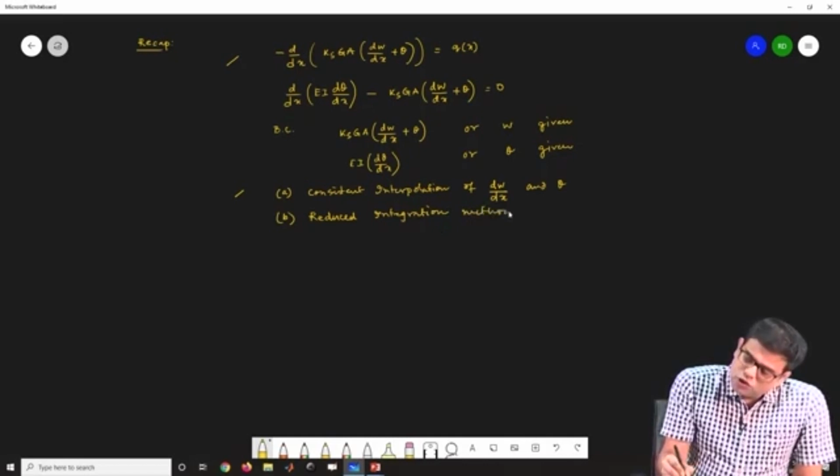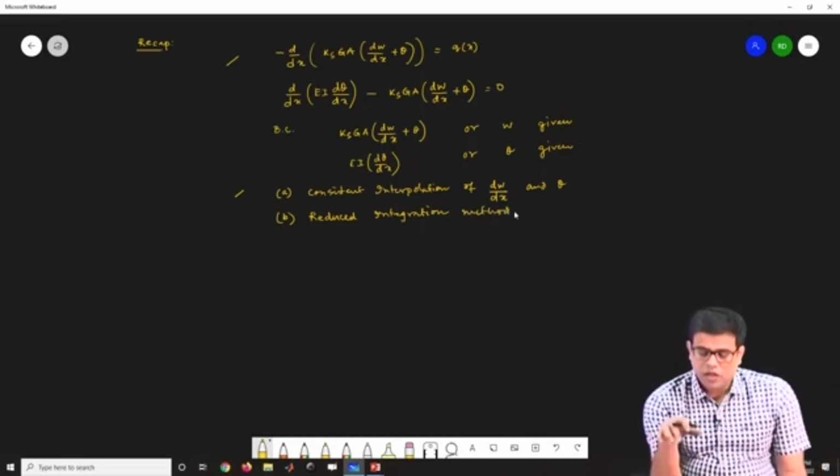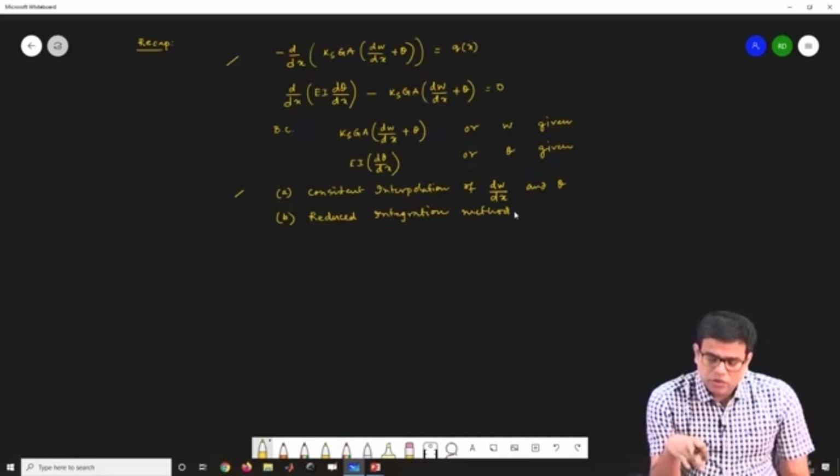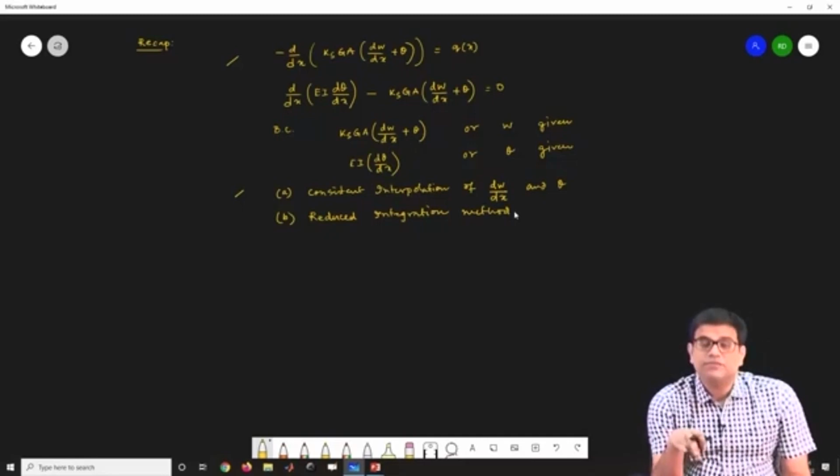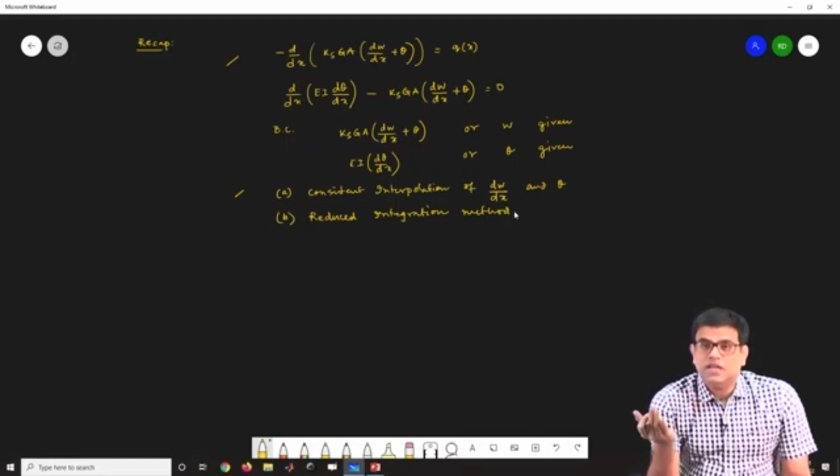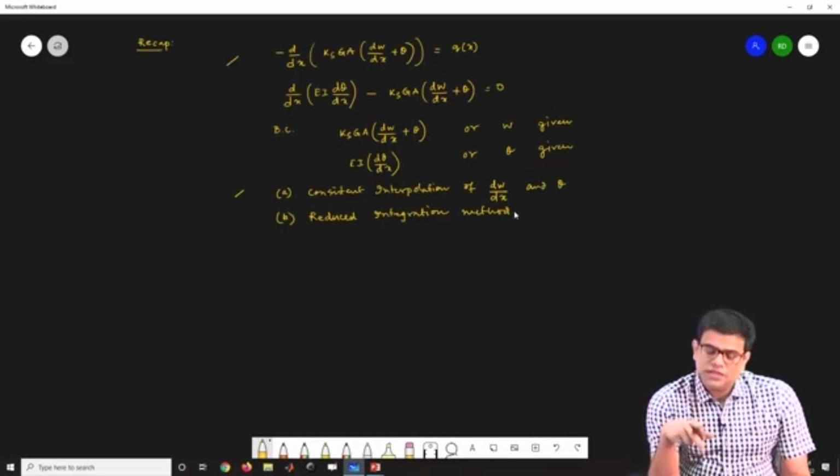Now you see the boundary conditions here are a little bit different from the Euler-Bernoulli beam theory, because here we have shear deformation, that is the shear strain is essentially non-zero. Ks is the shear correction factor, which accounts for the parabolic distribution of the shear force, or rather the shear stress.